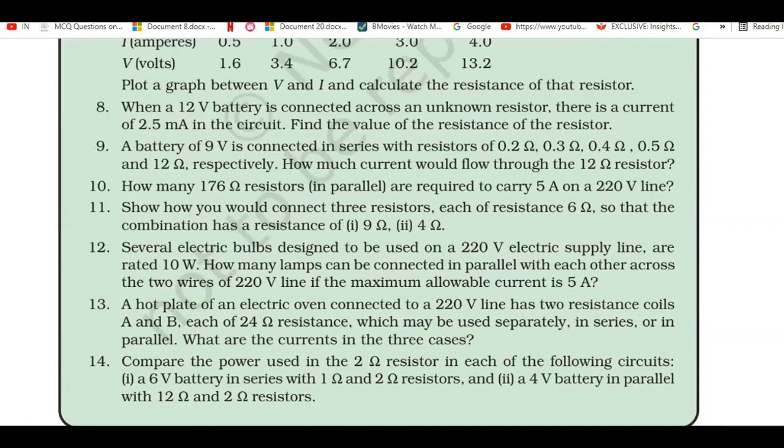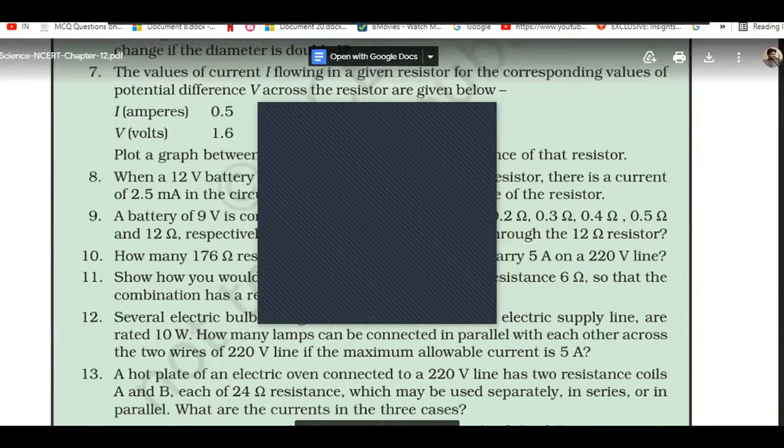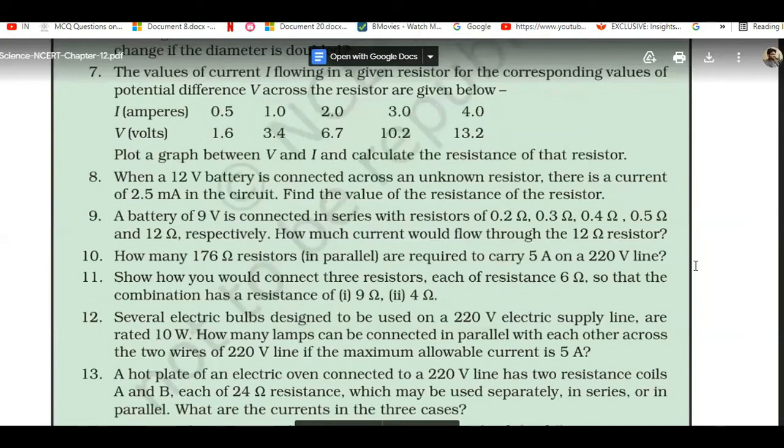Okay, let's solve this question. So this is simple. You have three resistors each of 6 ohm, and you have to connect these resistors in such a way that you get an equivalent resistance of 9 ohm.